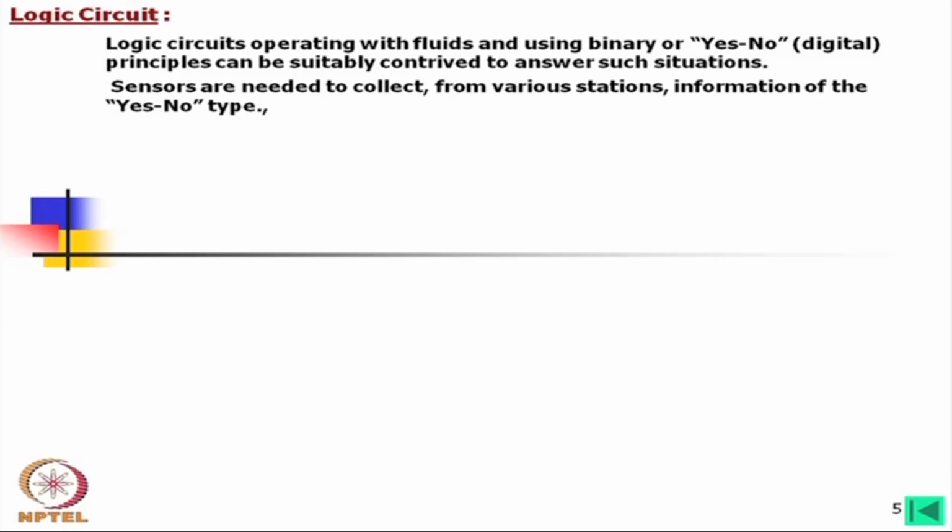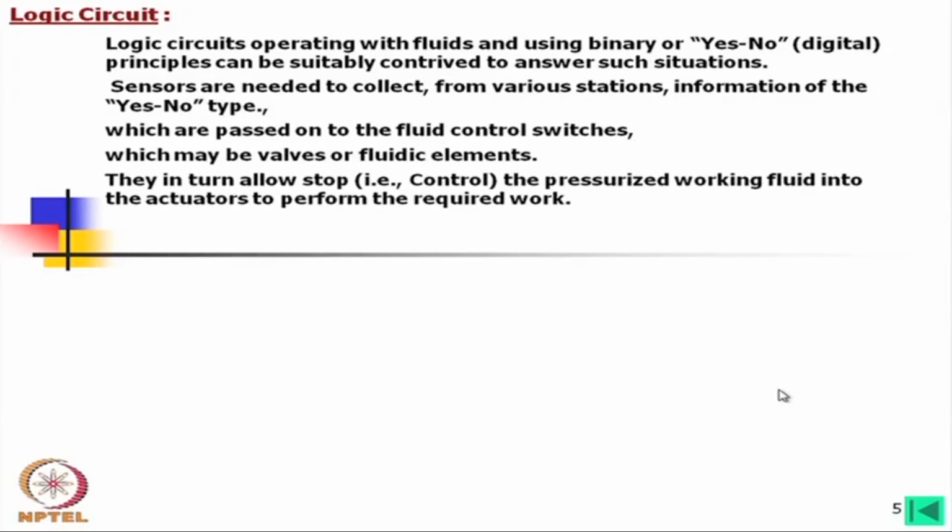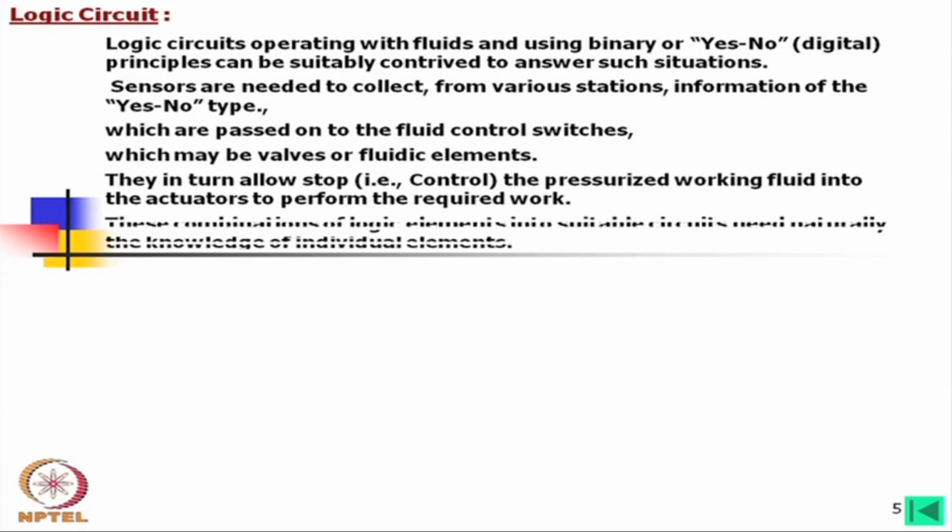This means that whether a function is no or yes, how we can know that, usually is collected through sensors, which pass it on to the fluid control switches, which may be valves or fluidic elements. They in turn allow or stop, that is control, the pressurized working fluid into the actuators to perform the required work.